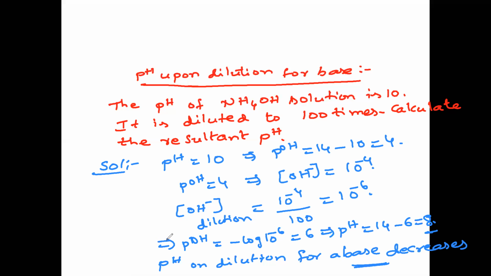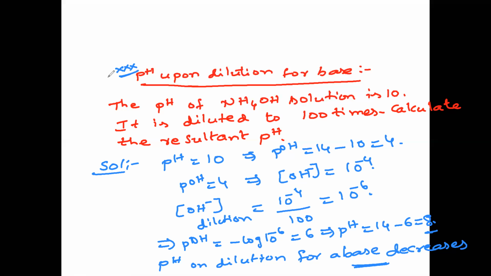Very, very important. For acid, the pH value increases on dilution, but for a base, the pH value decreases on dilution. OH minus concentration also decreases. So OH minus concentration decreases as well as pH value decreases for a base on dilution. This is very, very important. So please note it down in your classwork.